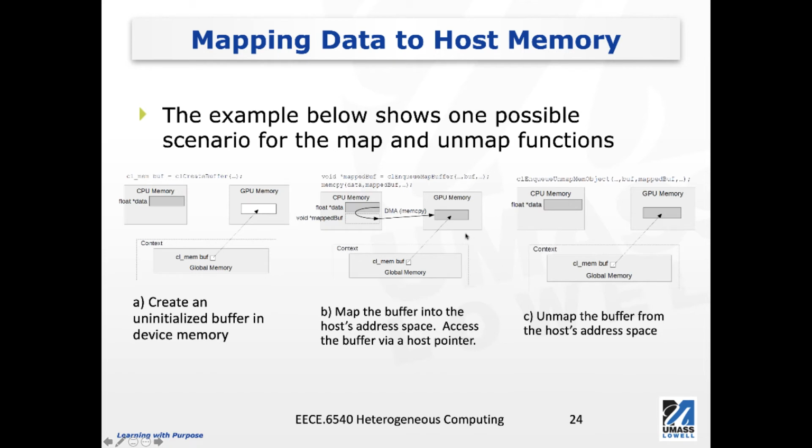Once the necessary memory copy operation or any computation is done, we can then use clEnqueueUnmapMemObject to release this mapping. As a result, there will be no valid pointer from the host memory space pointing to the device buffer.